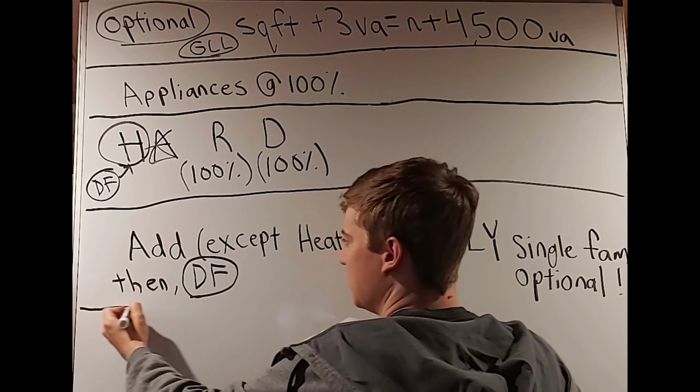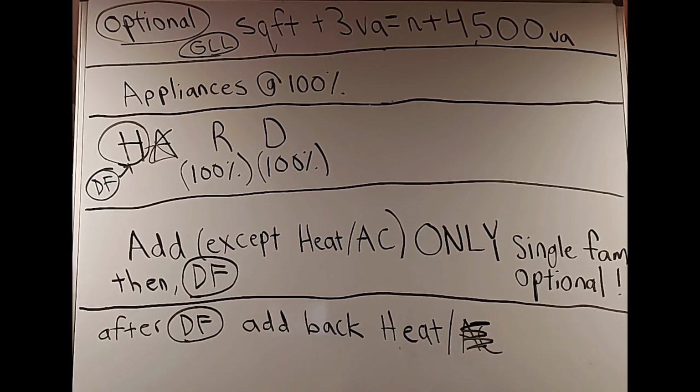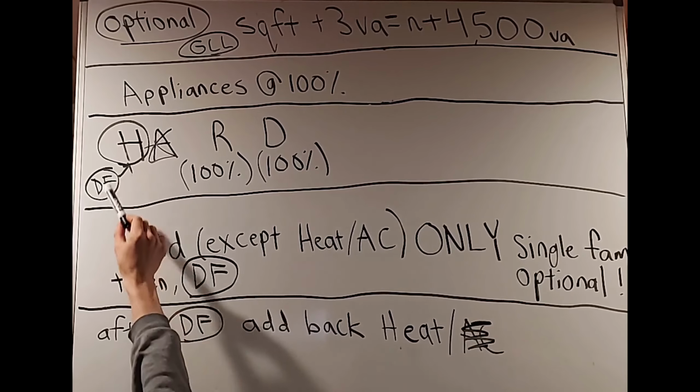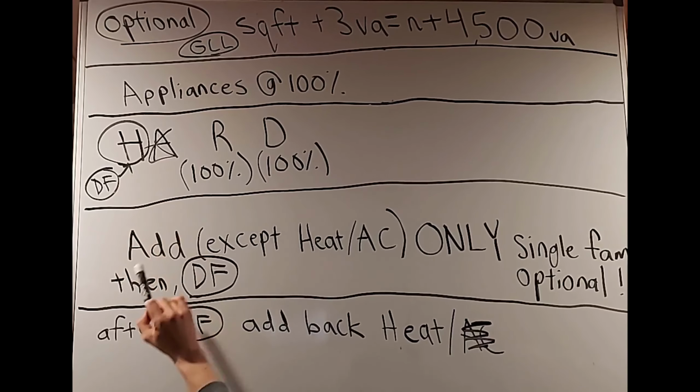So here I am drawing the next line. After doing that demand factor, you're going to add back the bigger of the heat or the AC. So let's say we did the heat and not the AC. We're just going to pick the heat and add that back. Remember, there could be demand factors for the heat, so make sure to check that. Whatever number we get for heat or AC at that portion, we're adding that back now.